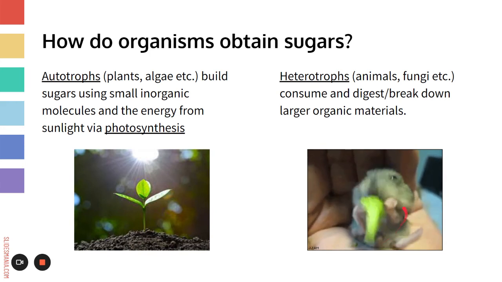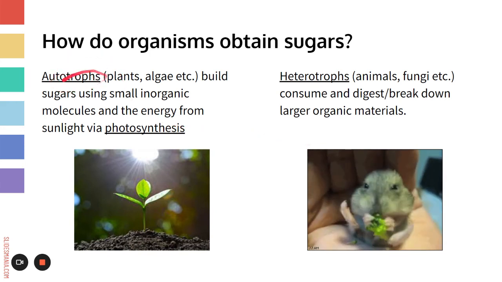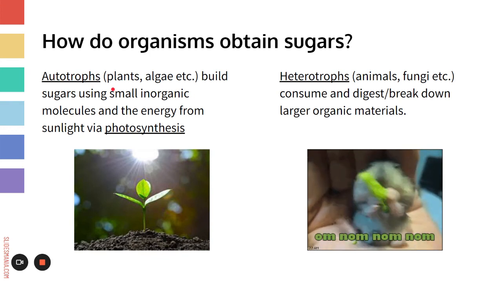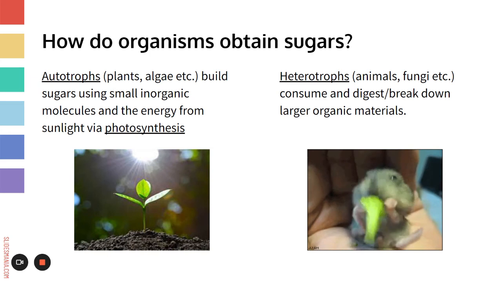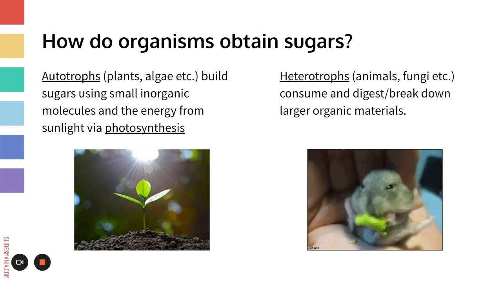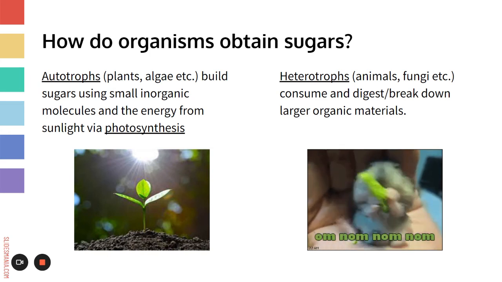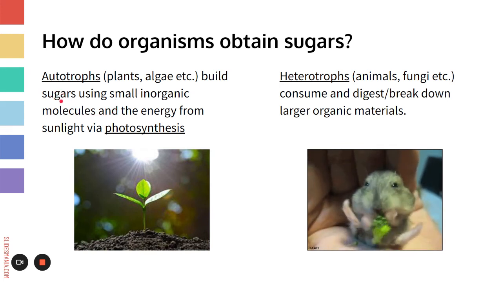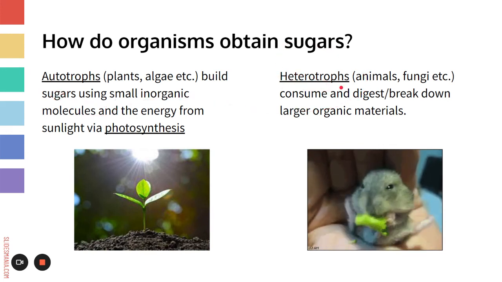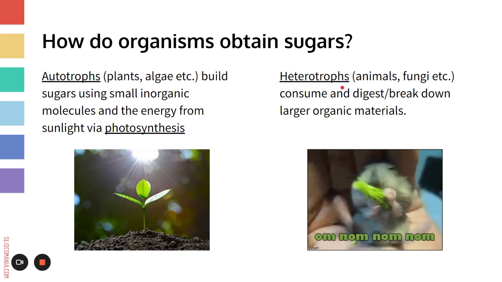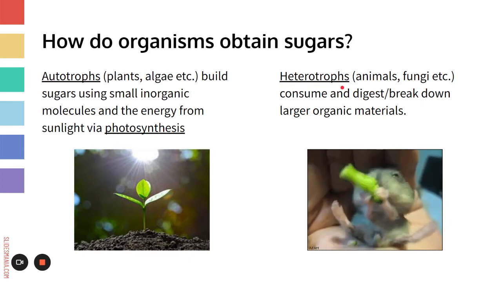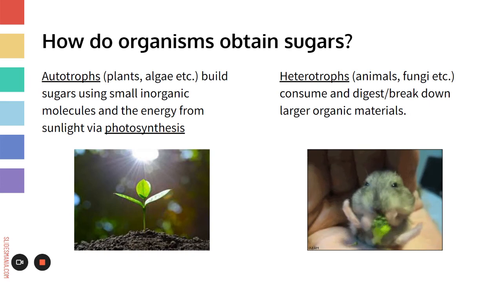Just remember that autotrophs are organisms that are making their own sugar, building their own sugars, often through the process of photosynthesis. So taking in carbon dioxide, taking in water, and using sunlight to build sugars. And then heterotrophs, which include animals and also fungi, are breaking down their food.